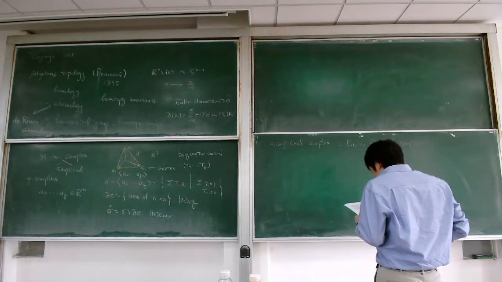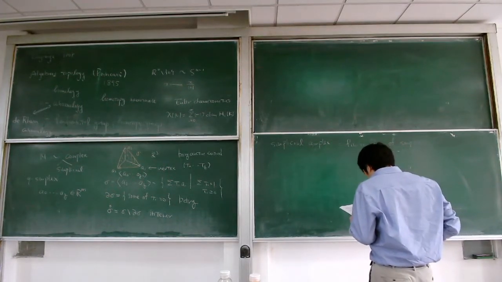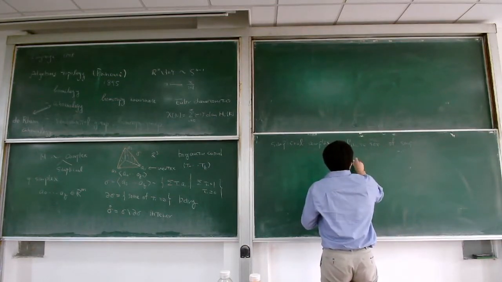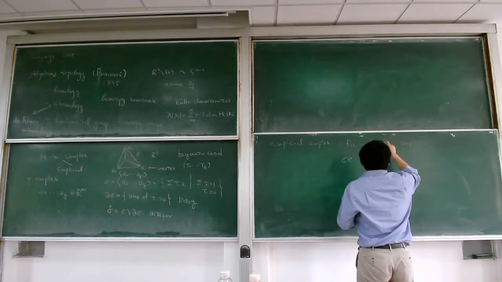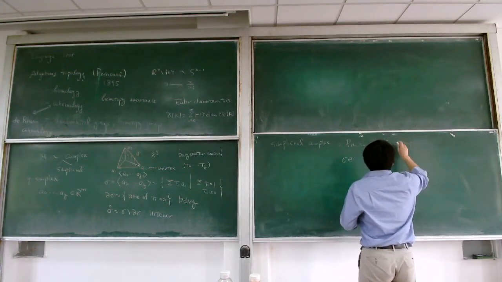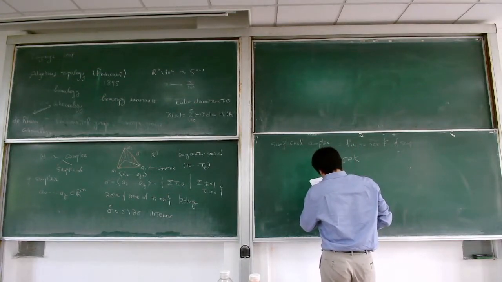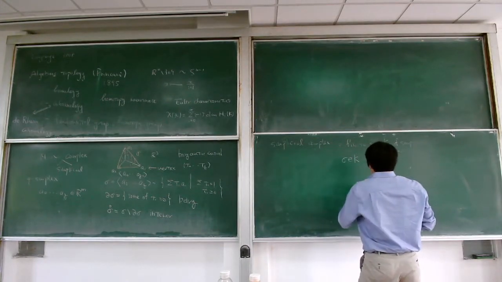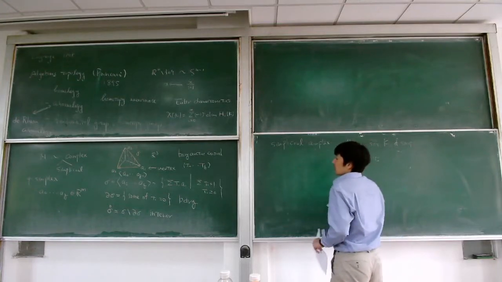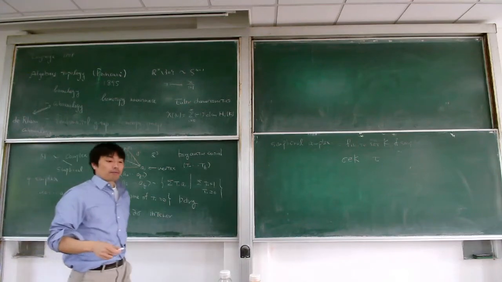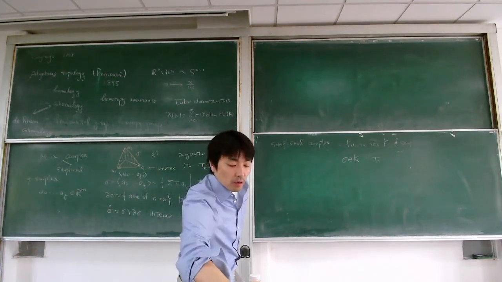And it satisfies the following condition. Given this finite set K of simplices, if sigma is in K and tau is a face of sigma, this is the face.